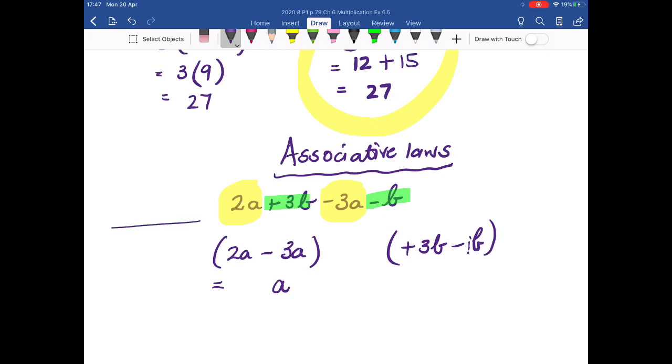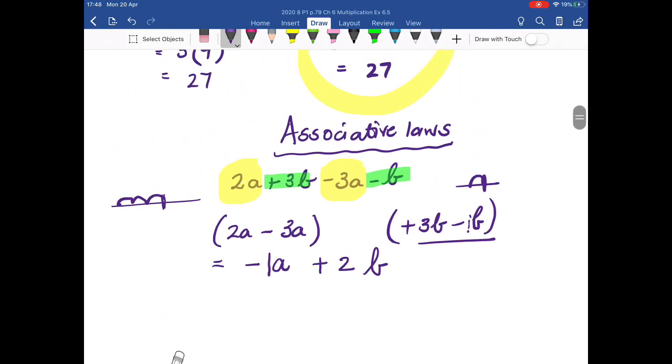So if I've got 2 and I minus 3, I'm going to get negative 1a. If I look at this bracket, I've got the family of b's, and if I've got 3 minus 1, I'm going to have positive 2b. So you were using the associative law.